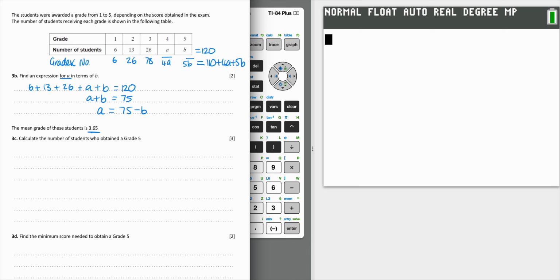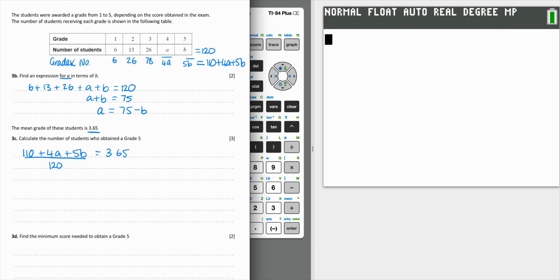So that means that to find the mean, I have 110 plus 4A plus 5B, and when I divide that by 120, that will give me an answer of 3.65, which is the mean. So I now need to try to simplify this. The problem is I have A and B in my equation, and therefore I can't solve it. So that's why what they told us to do earlier comes in handy.